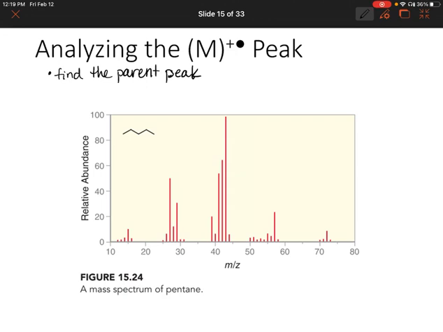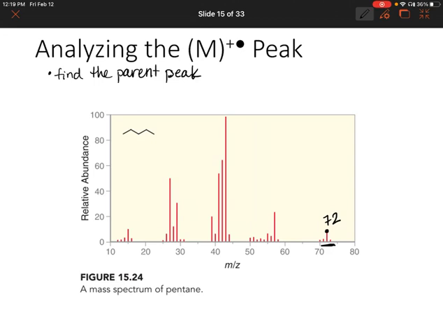Okay, so remember we said that the parent peak will be the tallest peak in the rightmost cluster. So if we go all the way to the right, we see this cluster of peaks here, and the tallest peak is that one. So it looks like that's at 71, 72.